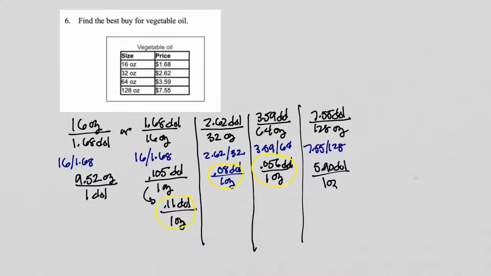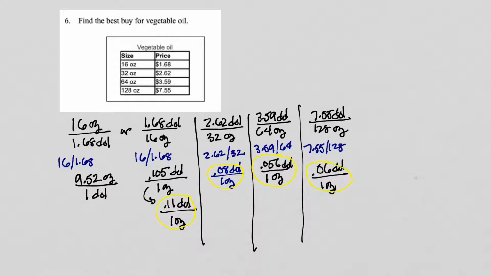Well, that's ridiculous because I typed it in wrong. Let me erase that and try it all over again. It's 7.55 divided by 128. I divided by 1.28. Okay, now I'm getting 0.059 or 0.06. All right, so when I actually do that correctly, I'm getting $0.06 for 1 ounce. I'll circle that one.